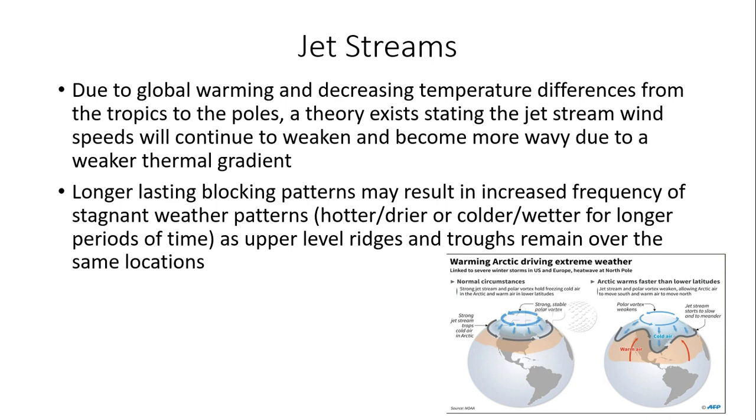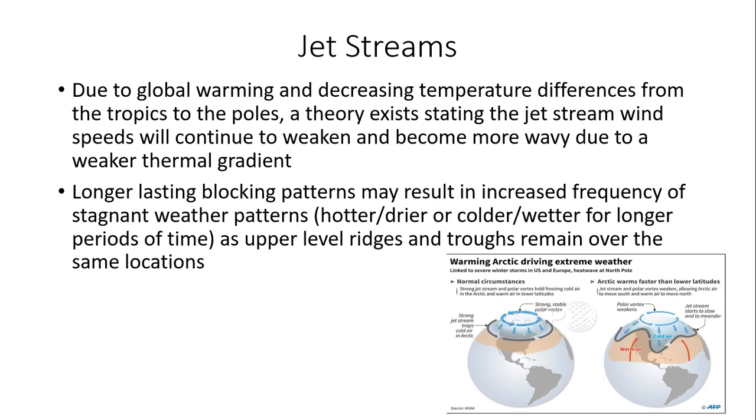That means those polar areas are getting warmer and warmer with each passing year because of global warming. And now the temperature difference between the lower latitudes, the tropics, for example, all the way to the polar areas is getting less and less each year, as the Arctic heats up twice as fast as the mid-latitude areas.